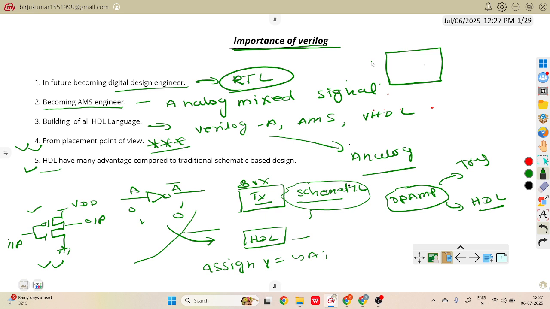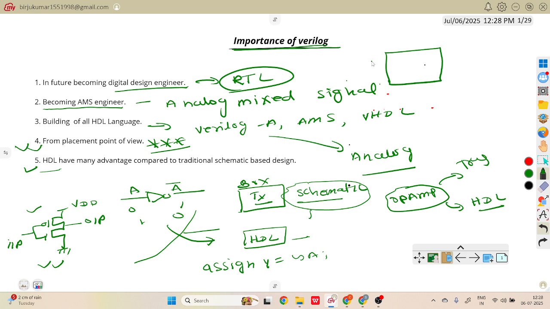Whatever digital circuit you study, whatever I explained already, this is the basic and introductory part. I want to give you an idea. Just remember, if you want to implement any digital circuit as hardware, you should have a standard language, that is Verilog HDL.